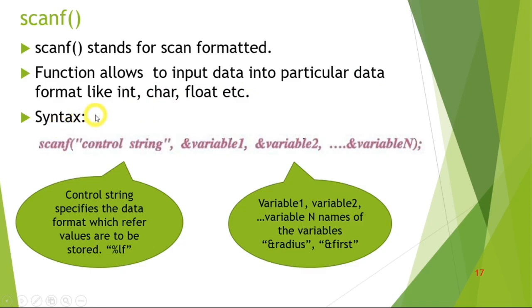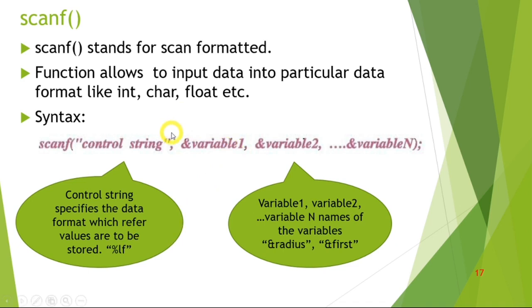So the syntax for scanf is scanf, then bracket, then quote, then control string. Whatever data type you want to read, the control string specifies the data format, which refers to the values to be stored. So %lf is for double float, and if it is capital then it is long double.